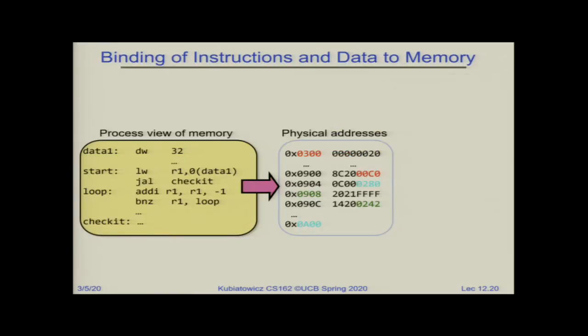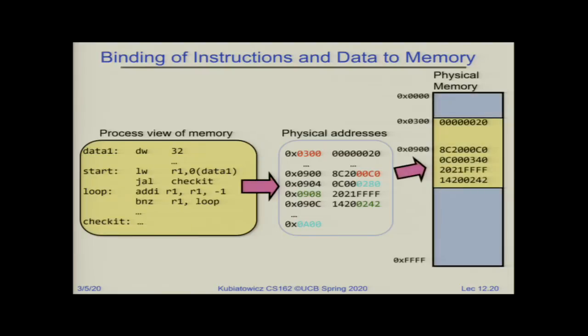So once we've linked this, which is basically fill in all of the unknown addresses and so on, then we can load it into memory somewhere. And notice that this is loaded at starting address 0300. Why? Because that's what we linked this for. We linked this for something where data 1, which is the beginning of it all, was address 0300. And so these instructions that are in memory there are customized to only run properly at that address, 0300.